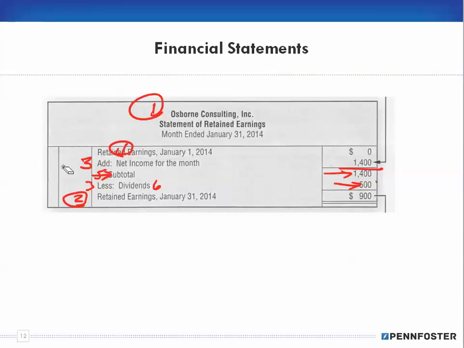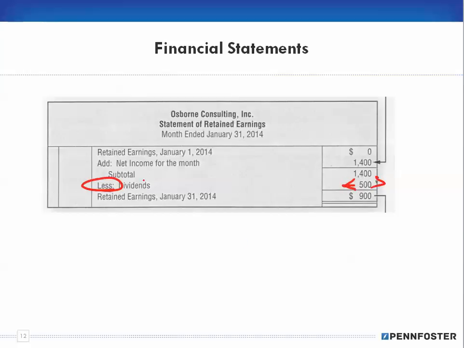Now notice that I'm using the word less here, but I'm using a positive number over here. Even though I'm going to take the $1,400 and subtract out the 500, I don't write minus 500, or put it in brackets.